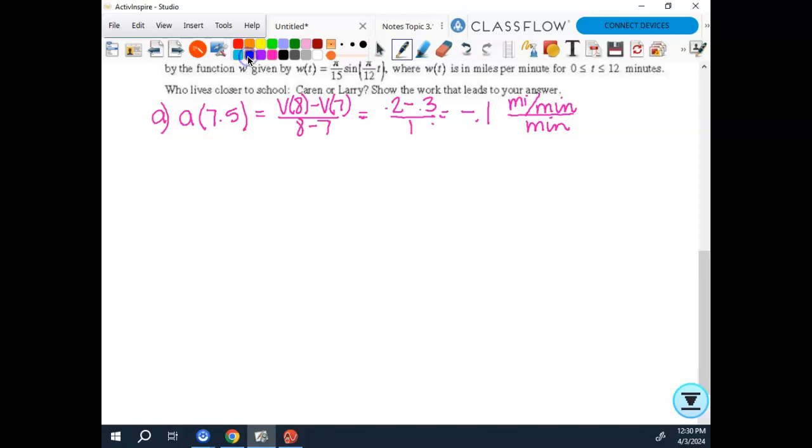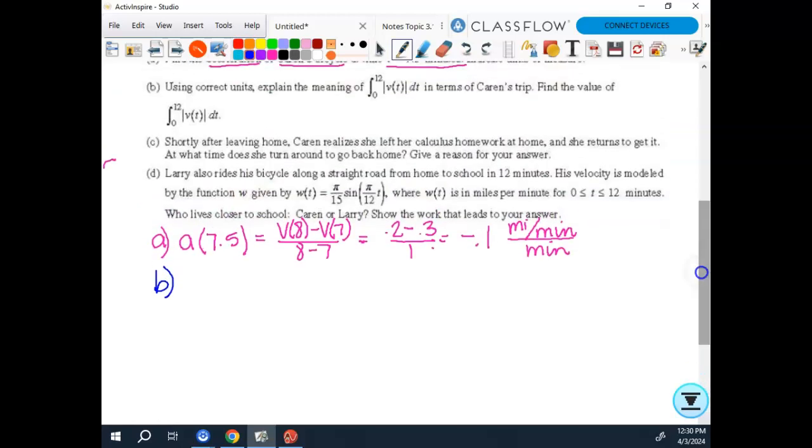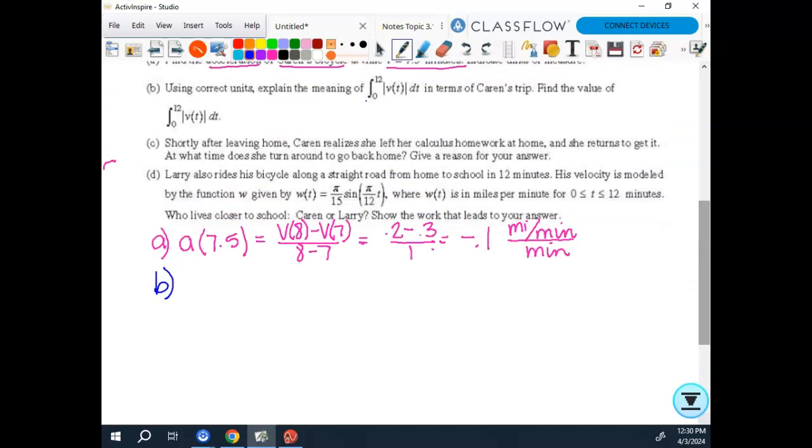All righty. Let's look at B. B says, using correct units, explain this meaning in terms of Karen's trip. Find the value of this right here. Okay? Now, when I take the absolute value of the velocity, I get something different than if I don't.